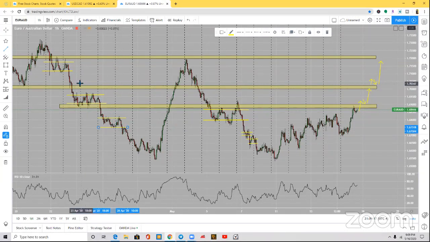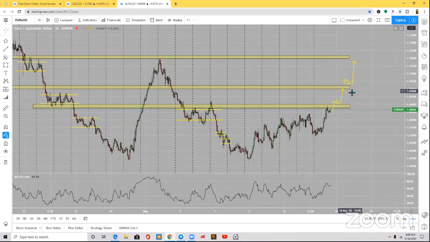And if you count in levels, if you count the pushes, if you've marked up two consolidation zones already, then a third push may be coming, right?